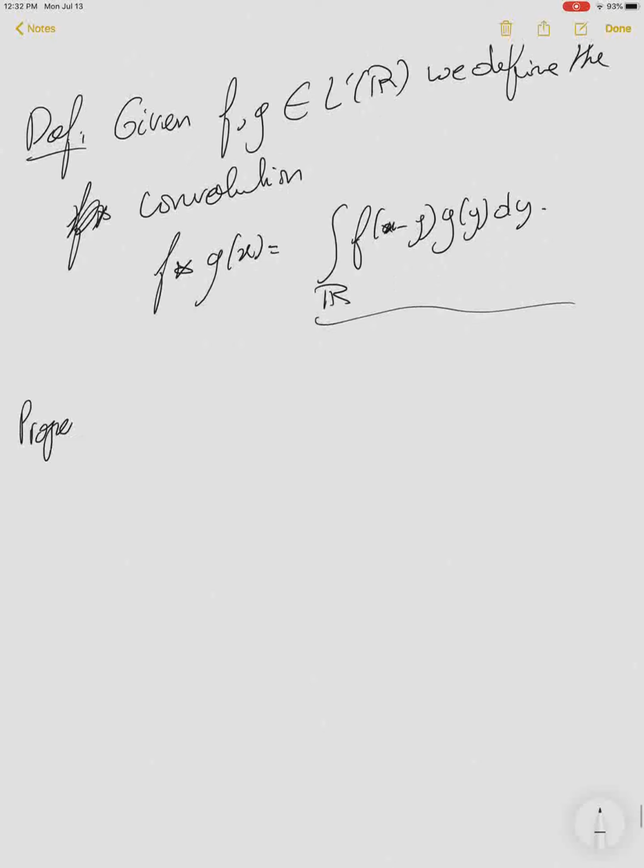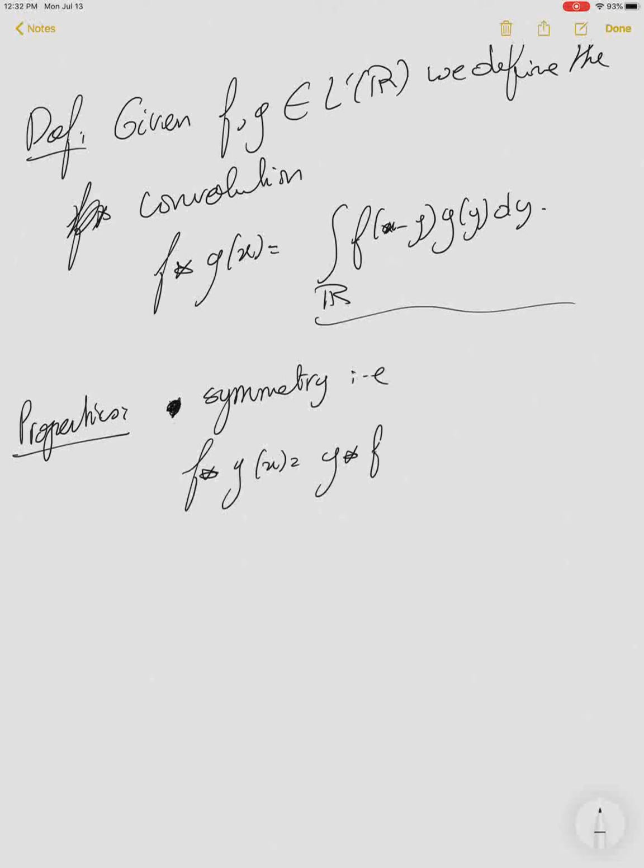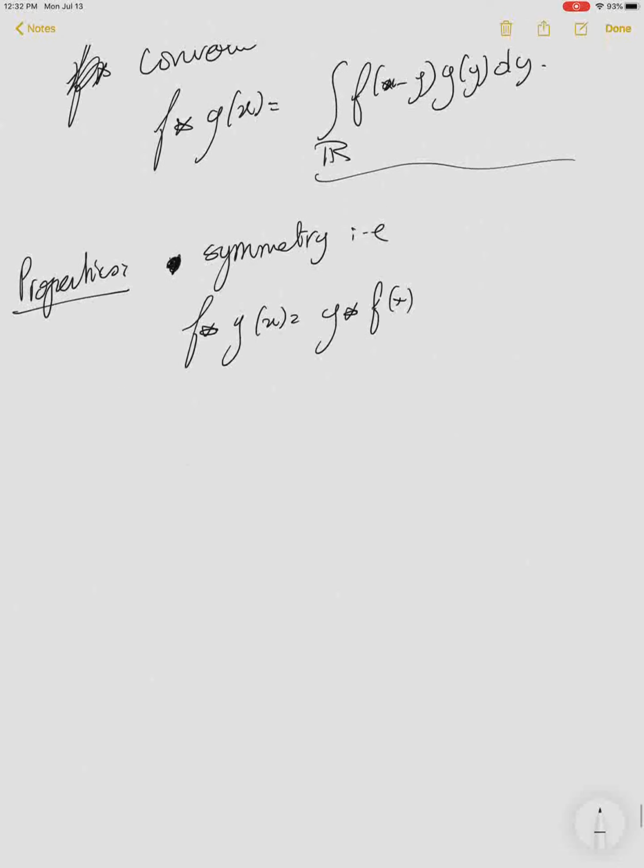So properties, first I have symmetry, i.e. f convolved with g at x equals g convolved with f at x, which means the integral over R of f of x minus y g of y dy equals the integral over R of f of y g of x minus y dy.